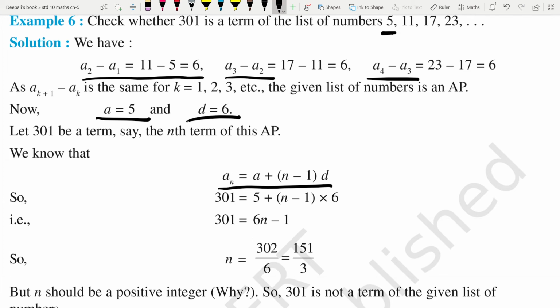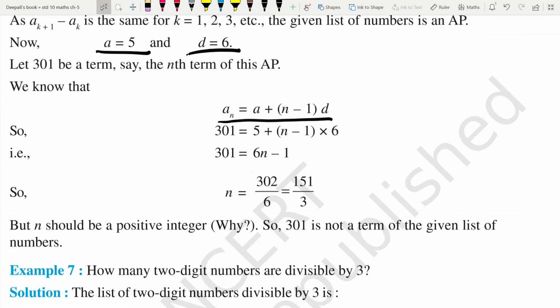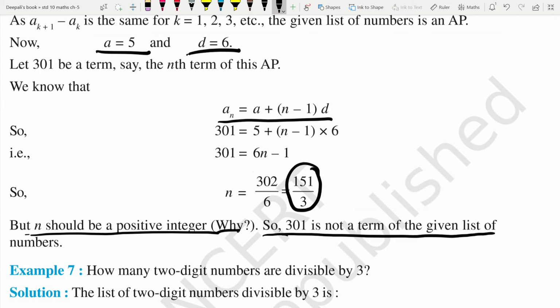Replacing the values, I get n is equal to 151 upon 3. Now always remember, my n should be a positive integer. If I don't get a positive integer, then it is not a part of the AP. But my n here is an improper fraction. So 301 is not a term of the given AP.